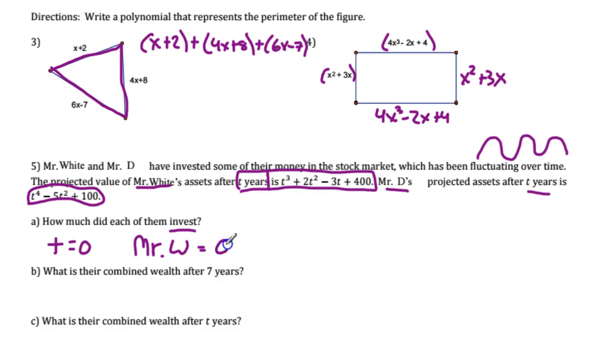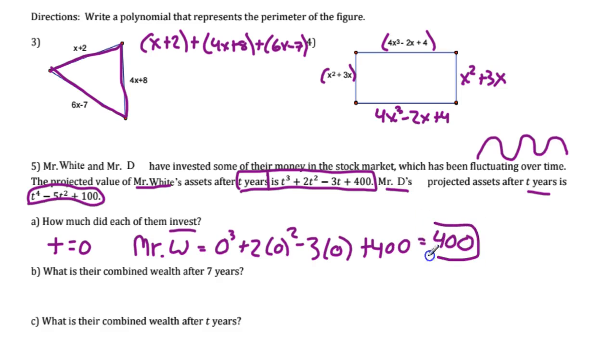He is 0 cubed plus 2 times 0 squared minus 3t, well, not 3t, minus 3 times 0 plus 400. All right, if you look at this, that's going to be 0. That's 0. That's 0. So Mr. White, I know he had $400. That's how much he invested, 400.